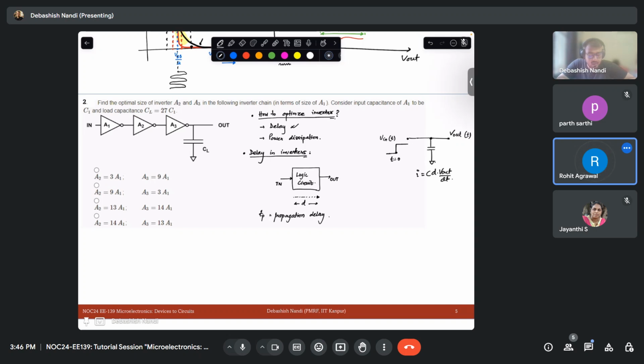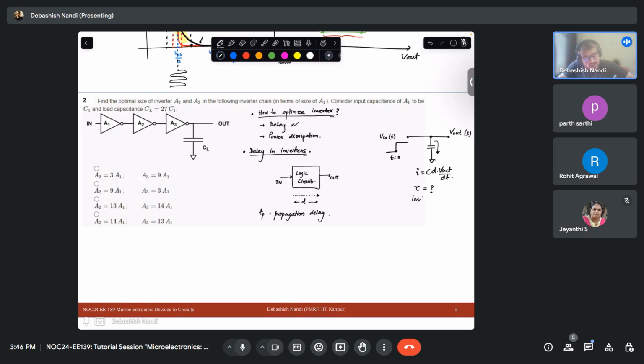So the capacitor will charge with a time constant equal to, how will the capacitor charge? Capacitor charges instantaneously, right?